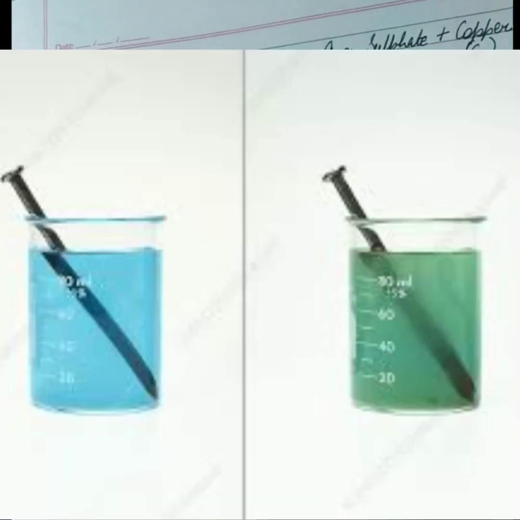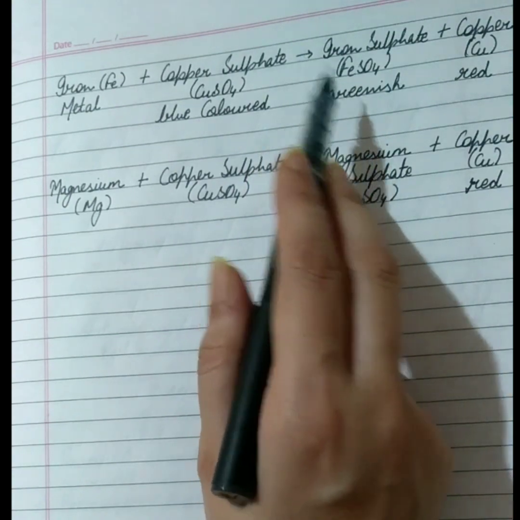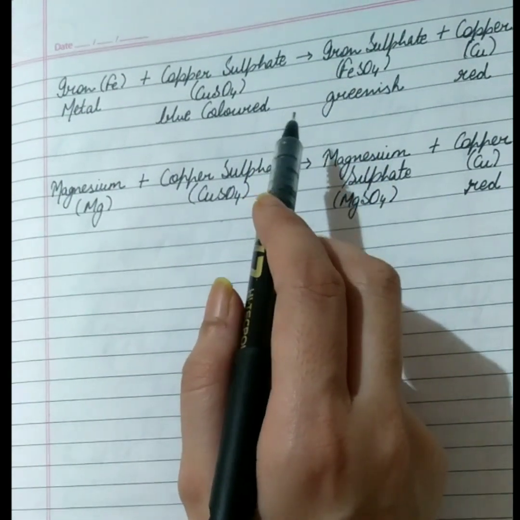Iron sulfate is of greenish color. You can even see in the picture when an iron nail is placed in this blue colored copper sulfate solution, for some time the blue color fades gradually and it becomes greenish color iron sulfate solution, and red colored copper metal is deposited on the iron nail.